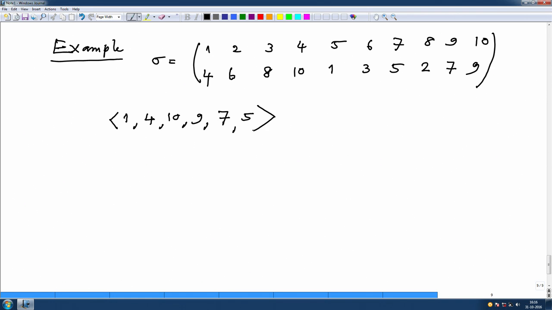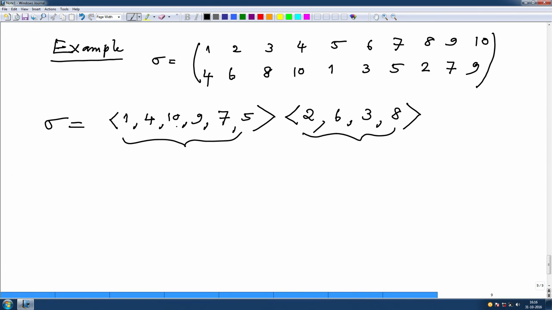So that completes it. Now look at who is left. 2 is not appearing here. So start with 2. 2 goes to 6. 6 goes to 3. 3 goes to 8. And 8 goes back to 2.